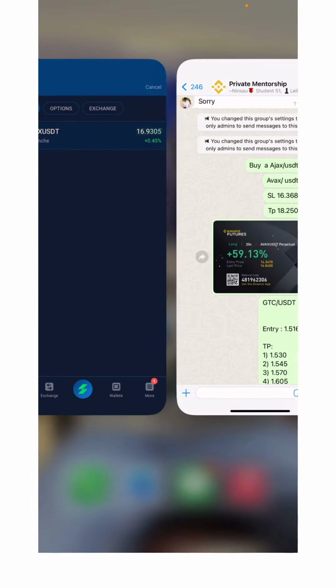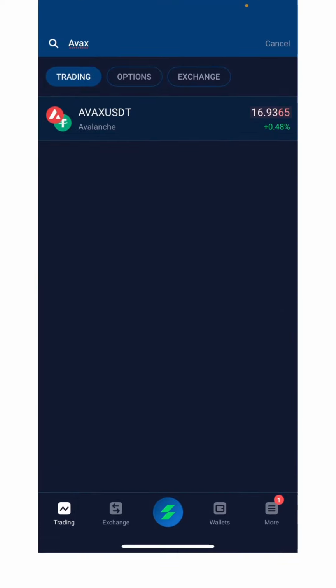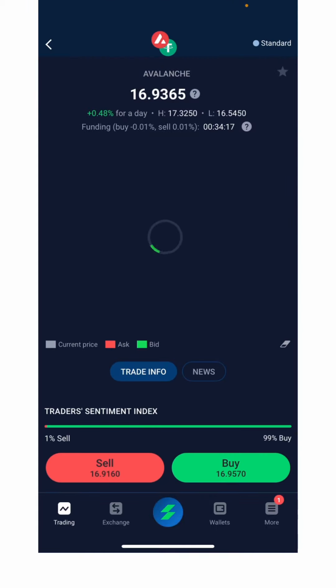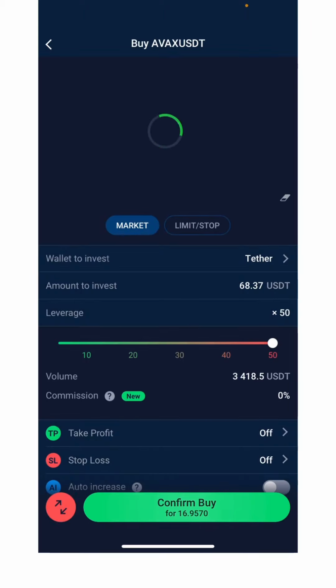Okay, so let's go to Stormgain. So this is Stormgain. I just said you should buy AVAX USDT, and you search for AVAX. Then you click on the AVAX here. So I'm saying you should buy. Buy means long. So you are going to click on the buy button here. When you click on the buy button, remember, if you are trading on Stormgain and your balance is less than $100, make sure your leverage is 30.